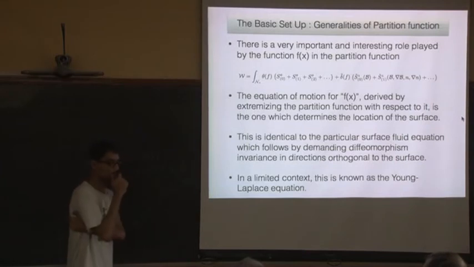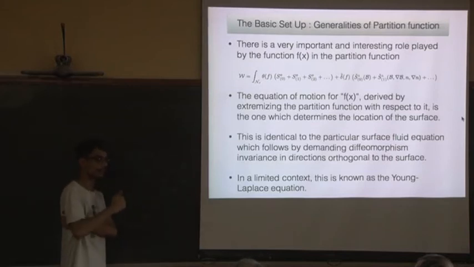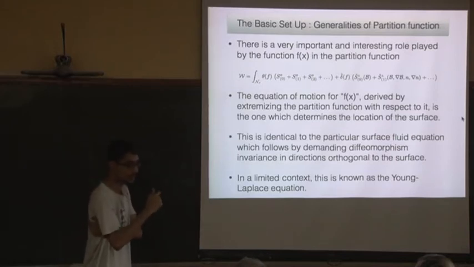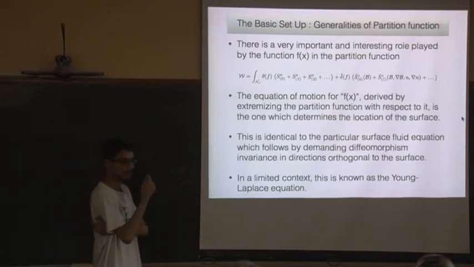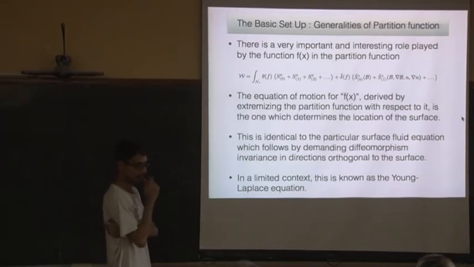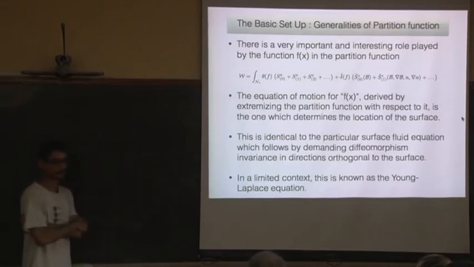Like these balls and rings, these are allowed solutions with different topologies. But once you fix which energy or which angular momentum you look at, there will be one which will be favored.